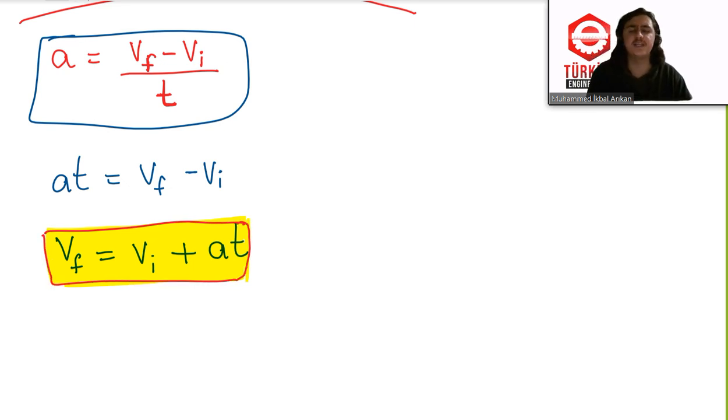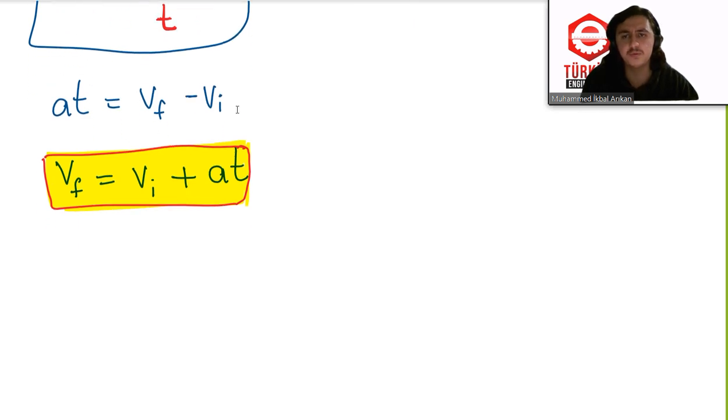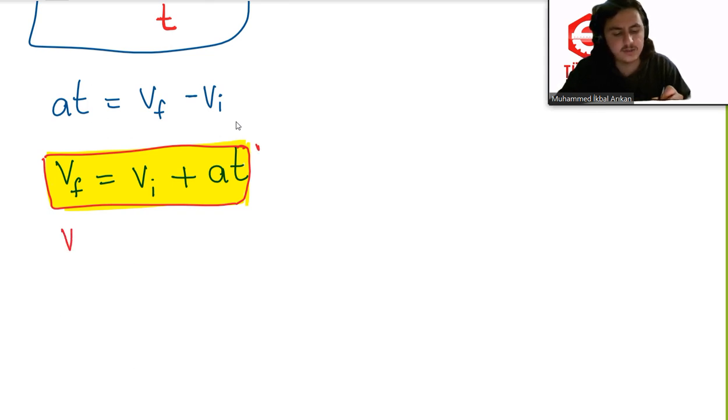What about the displacement? I have simple formulas for displacement, just for each axis. You can put this one in the x-axis. Okay, just put 3 formulas. This is the resultant, not the x and y axis. This is the velocity which has an angle.